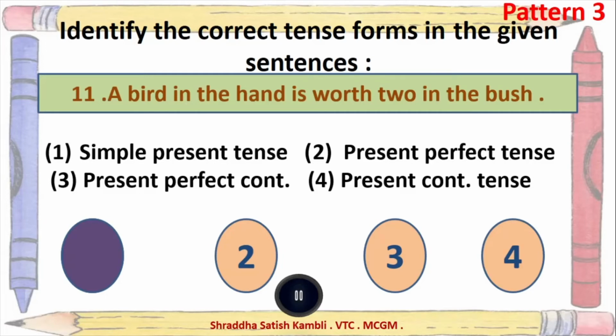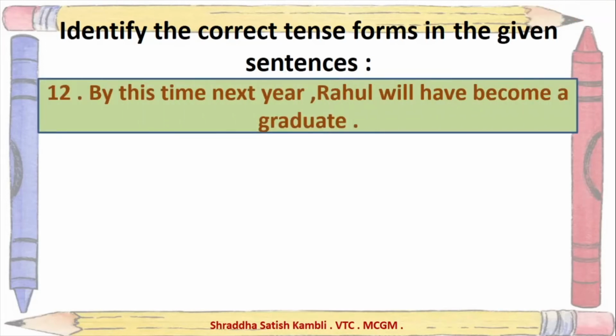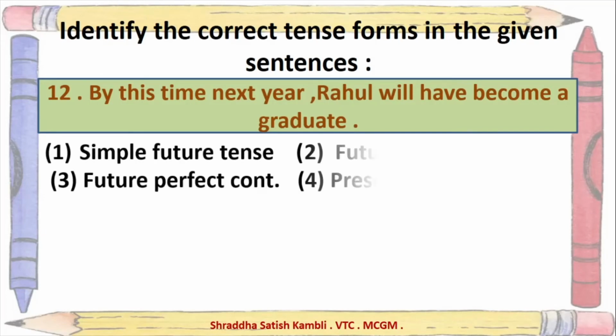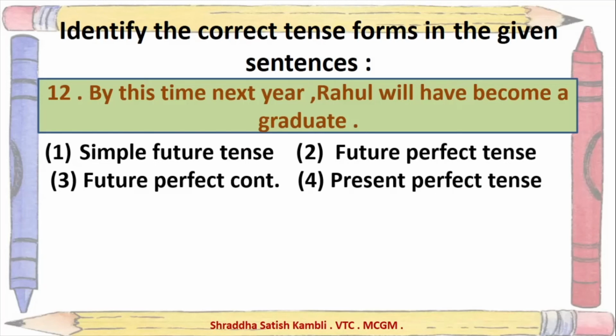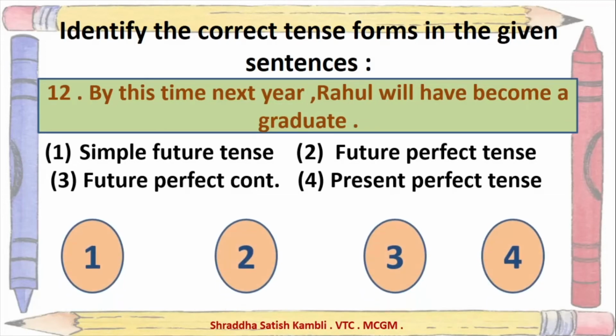Okay. Moving on to the next example. By this time next year, Rahul will have become a graduate. So is it simple future tense, future perfect tense, future perfect continuous tense, or present perfect continuous tense? Now I'm sure after the clues that we talked about, you will be able to recognize the answer.